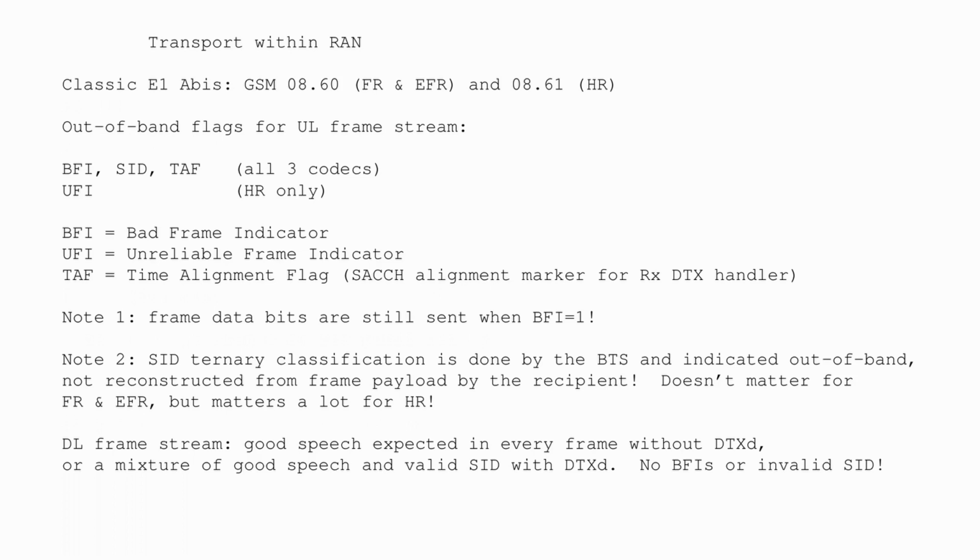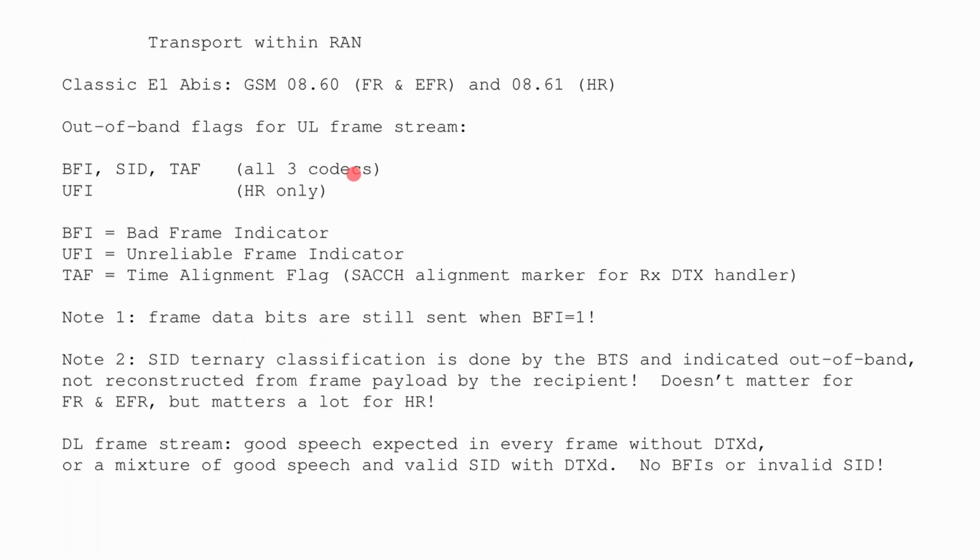If the UFI flag is set, it will try to decode the speech, but it will watch the signal level, and if the signal level gets too high, like too loud of a pop on the audio output, it says this is unsafe and mutes that frame. So that's the function of the UFI flag, and like I said, it's another out-of-band flag for half rate.